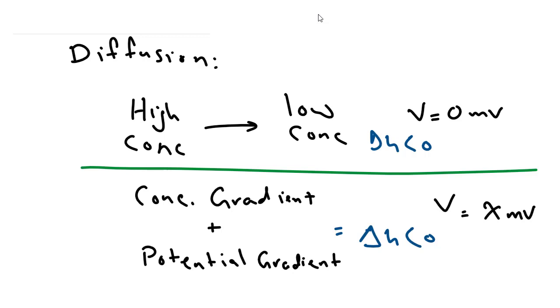If you do have a potential on the membrane and your molecule has a full plus or negative charge, then if the combined effects of the concentration gradient and the potential gradient on that molecule or ion give a delta G less than zero, then that type of movement will be diffusion.